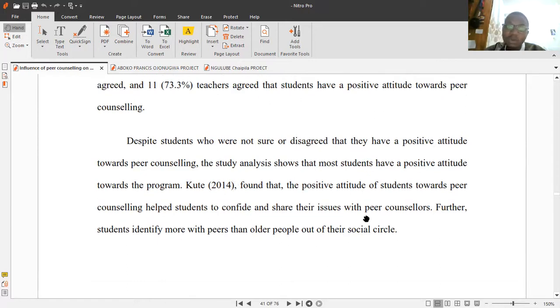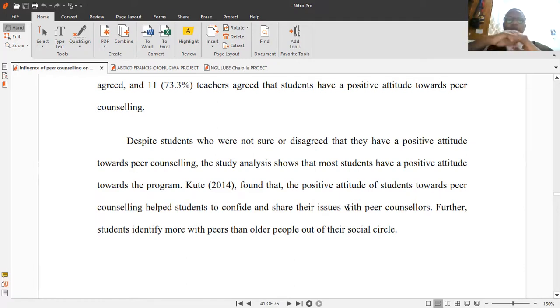It is very important to support your study, so that what you found here in chapter 4 is not just coming from blue, not just from mere responses of students. It's because those who did the research before also found the same. So I'm bringing them here to support. That's how you make a bridge of your project between chapter 2 and chapter 4.